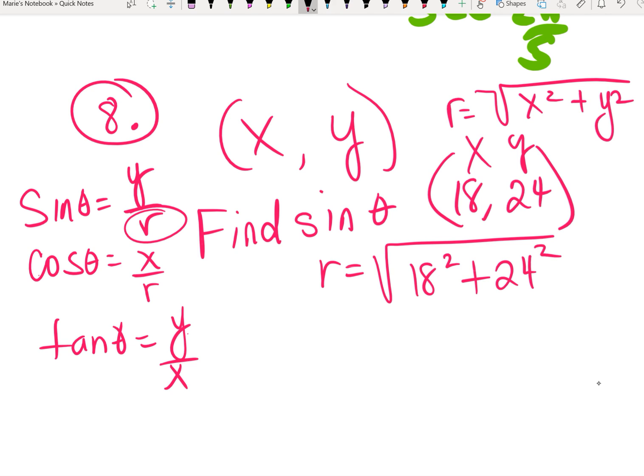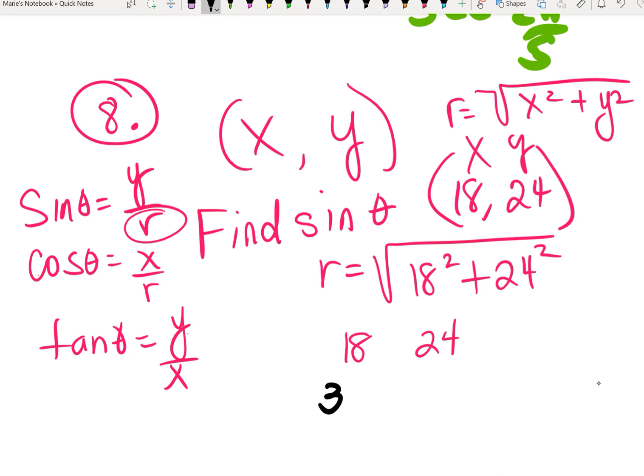A little bit of math here goes a long way. When it's all said and done, it should be about 4/5, and I'll tell you why I say that. Think of this in terms of 3, 4, 5. 18 is a multiple of 3, and so is 24.